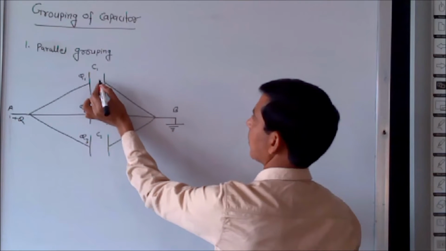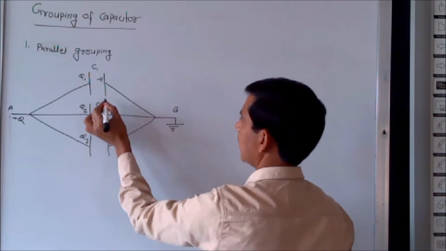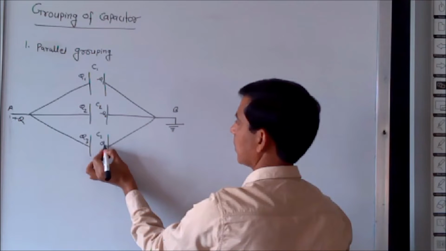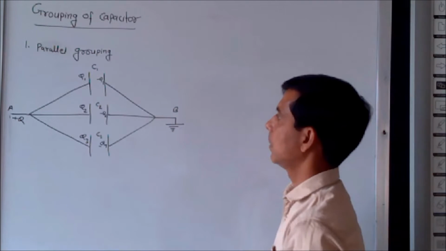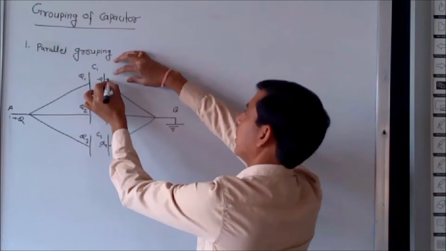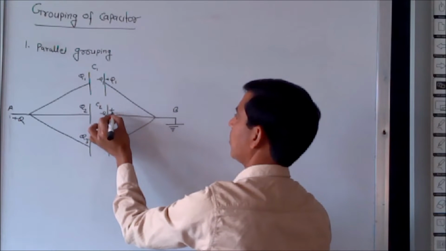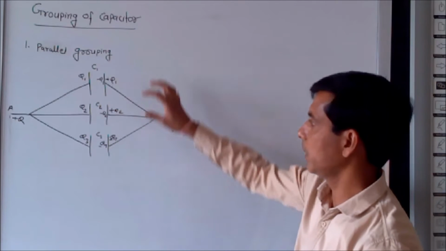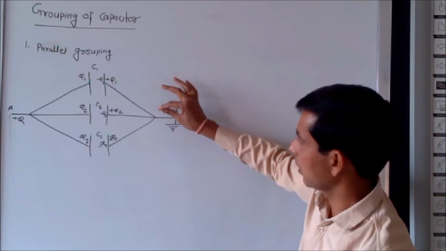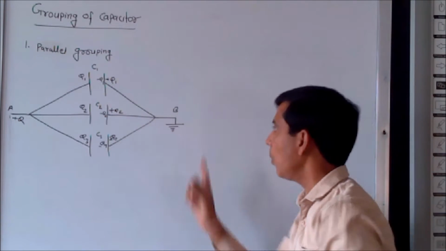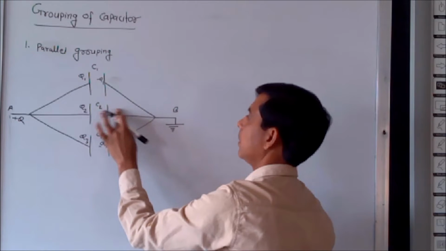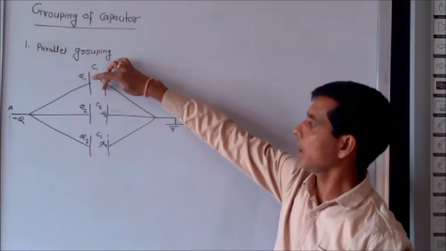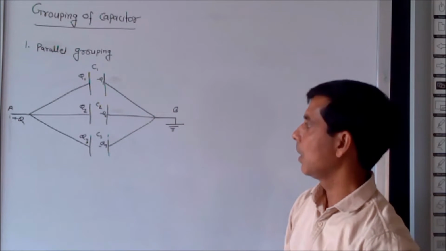Then due to induction, minus Q1 charge is induced here, minus Q2 here, minus Q3 here, and on the outer side plus Q1, plus Q2 and plus Q3 charge is induced. The sum of these charges goes to Earth. Thus, only Q1, Q2 and Q3 charge remains on capacitors C1, C2 and C3.